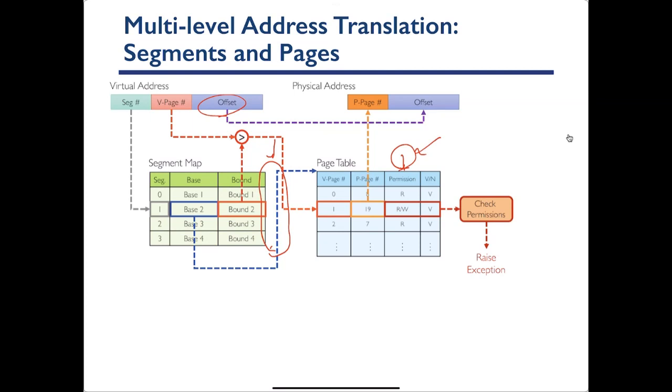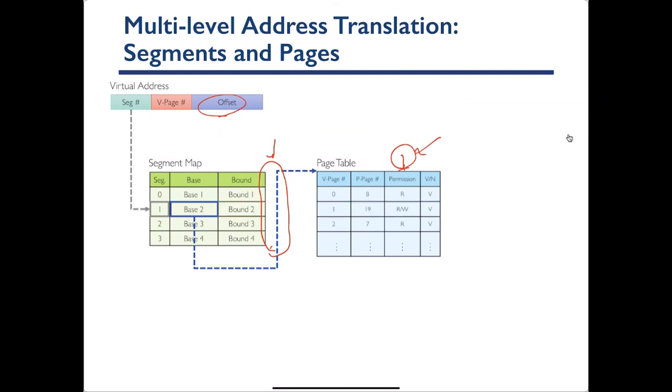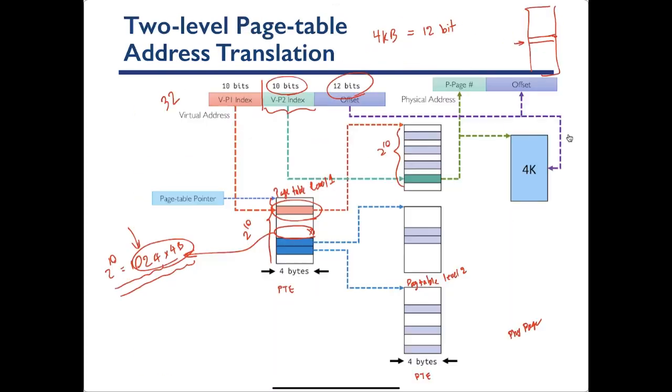Okay, so I got another question here. What does the 4 bytes on the width of the page table entry mean? That means how large each page table entry is, as I discussed. So if I'm not mistaken, you're asking about this. This 4 bytes here means how large each page table entry is. It has to be as large as, it's going to point to somewhere in memory, right?